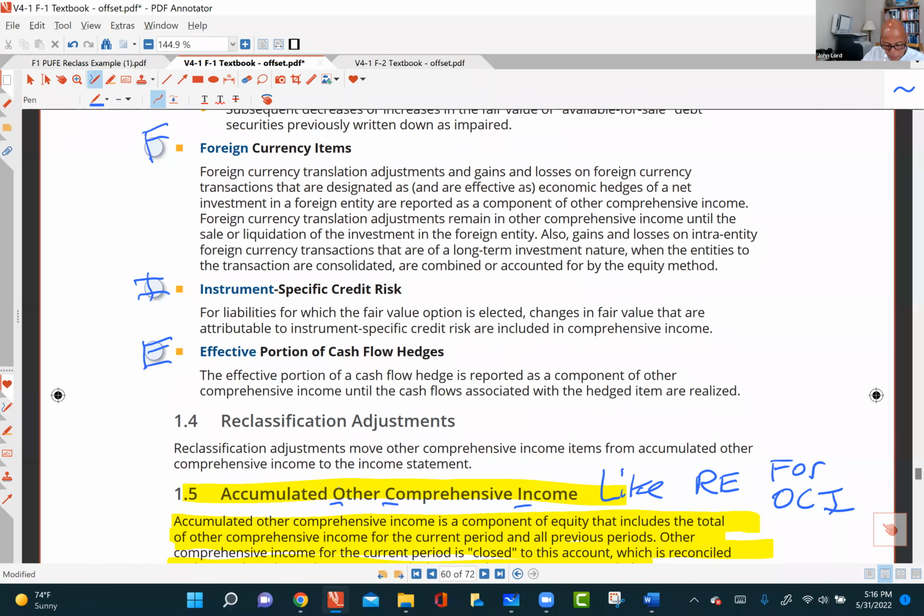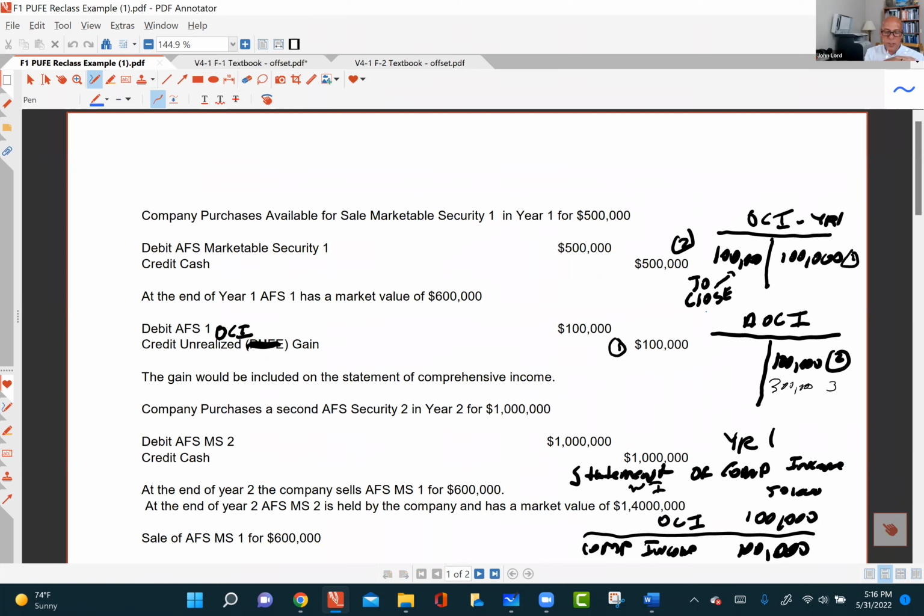Okay, good. Now you come over and I want to look at this example with you. And remember, we said that one of the items that constitutes the other comprehensive income is unrealized holding gains on available for sale securities. Now we're going to get into accounting for marketable securities in F4, but let's just spend a couple seconds to review how you account for available for sale securities.